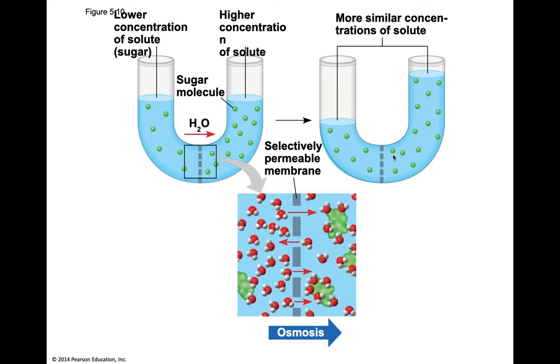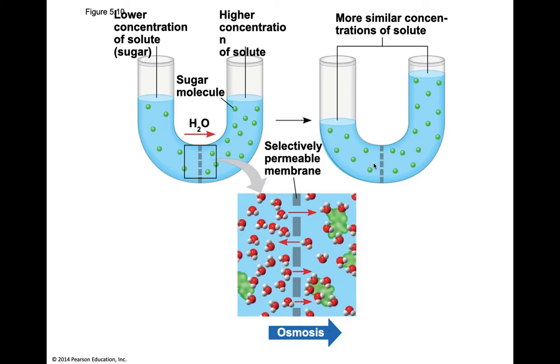One is that the water is able to pass through the selectively permeable membrane, but the solute can't. So if this is sugar, sugar can't pass this membrane, so we can't have a diffusion or a net equilibrium of sugar molecules between these two concentrations.